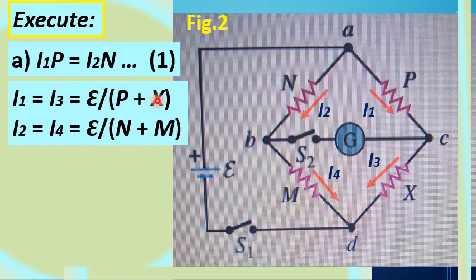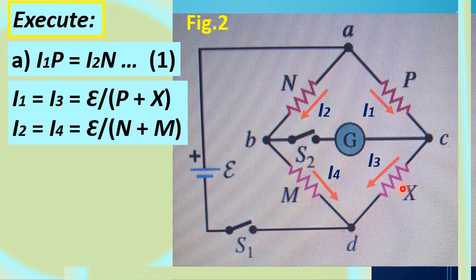All right? Since resistance P and resistance X are in series, without current passing through the galvanometer, that is, resistance P and the unknown resistance X are in series, we say that I sub 1 is also equal to I sub 3.